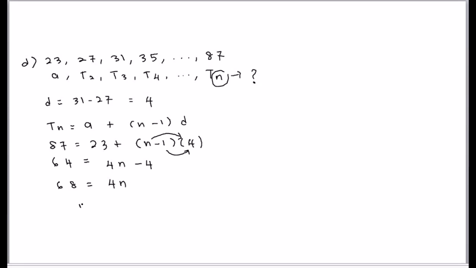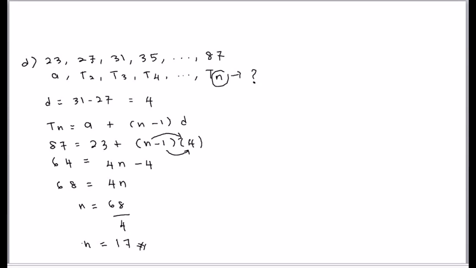Okay, since we want to find n, move 4 to the other side, it will become divide. 68 divided by 4. Okay, use your calculator. 68 divided by 4 equals 17. So we have 17 terms in this sequence.